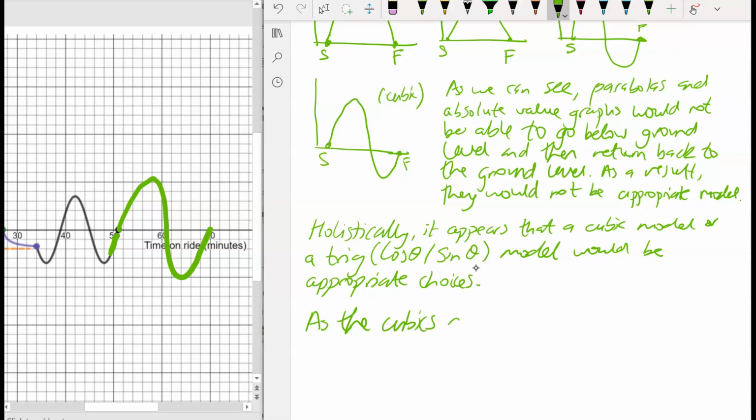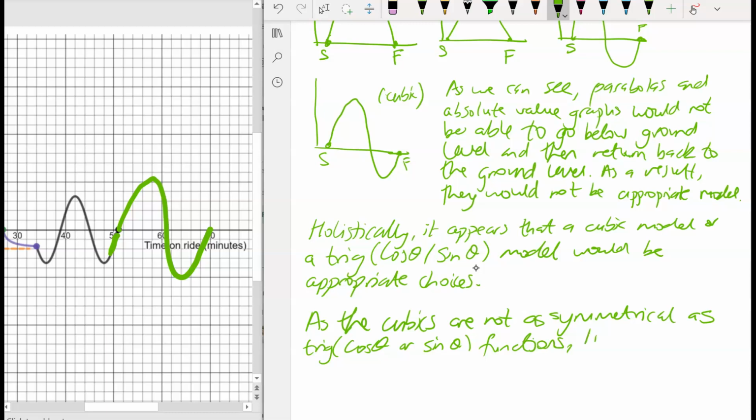As the cubics are not as symmetrical as trig, and that's cos angle or sine angle functions, I imagine the construction cost or design costs would be greater than a trig function.